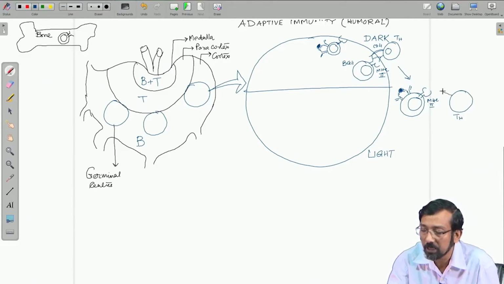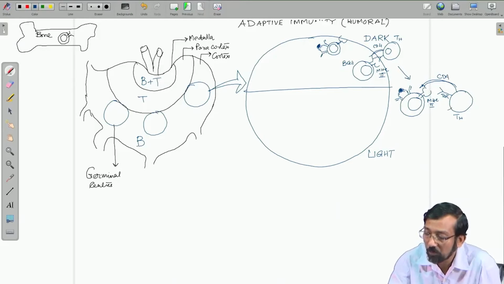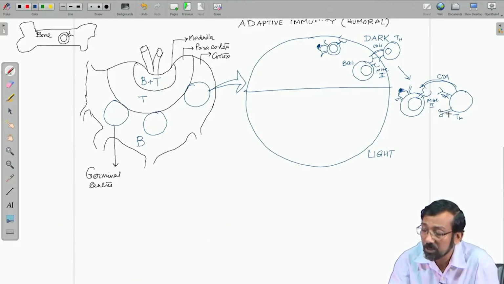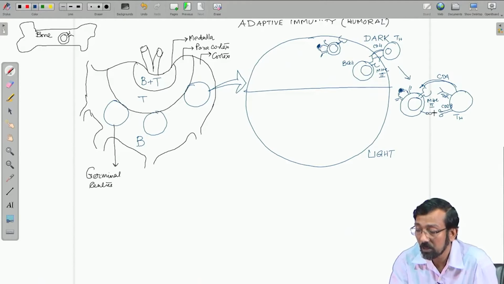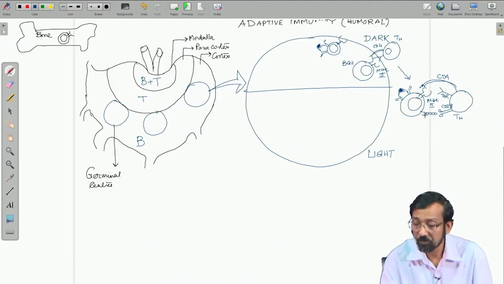Now, this TH cell expresses the TCR or the T cell receptor, the CD4 co-receptor, and of course, we have seen in our last lecture that they also express this CD28, and that can again interact with the B7, which is expressed on the mature B cells.